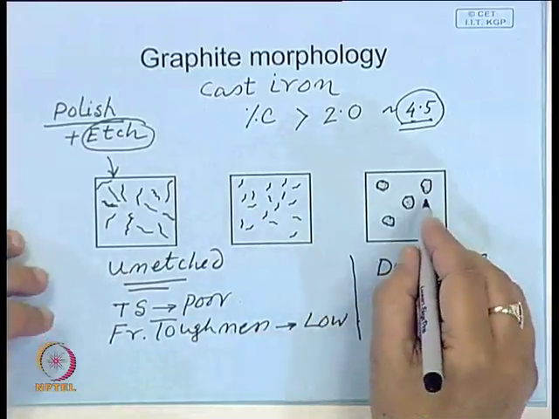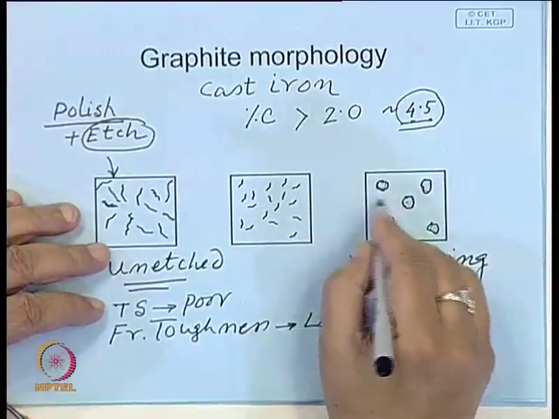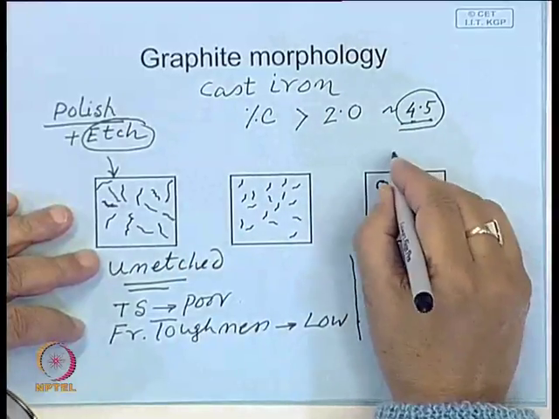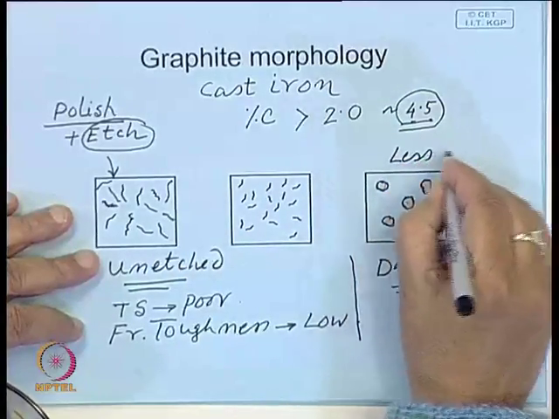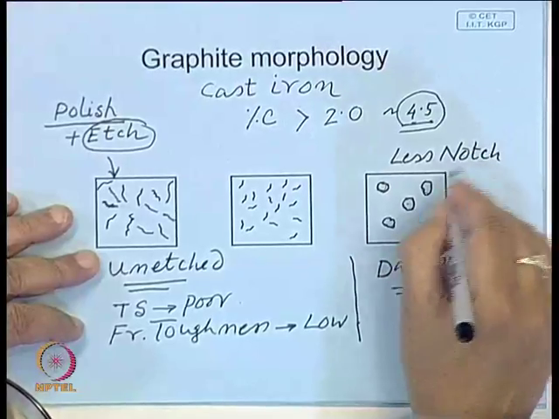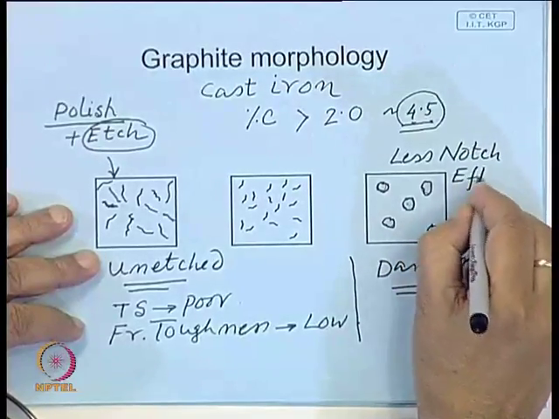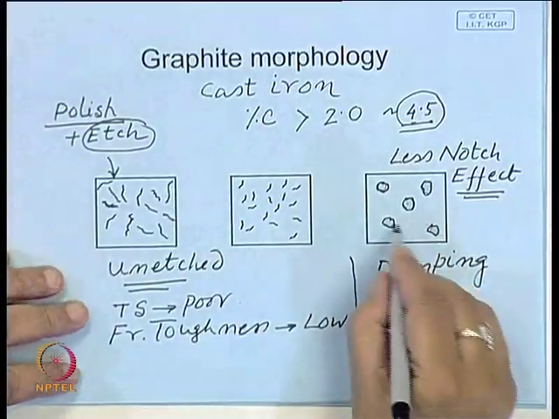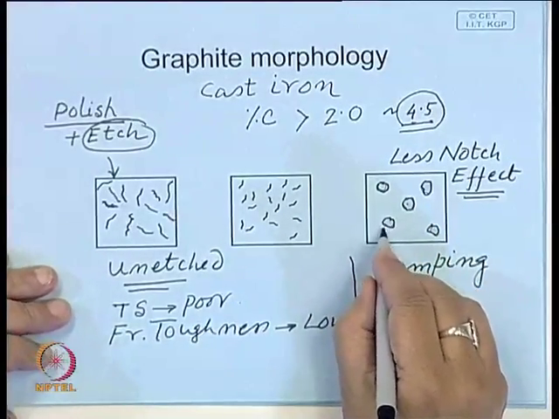And nodular cast iron, if you can control its morphology, here the notch effect is less. So, therefore, the chance of crack propagation is a little less.